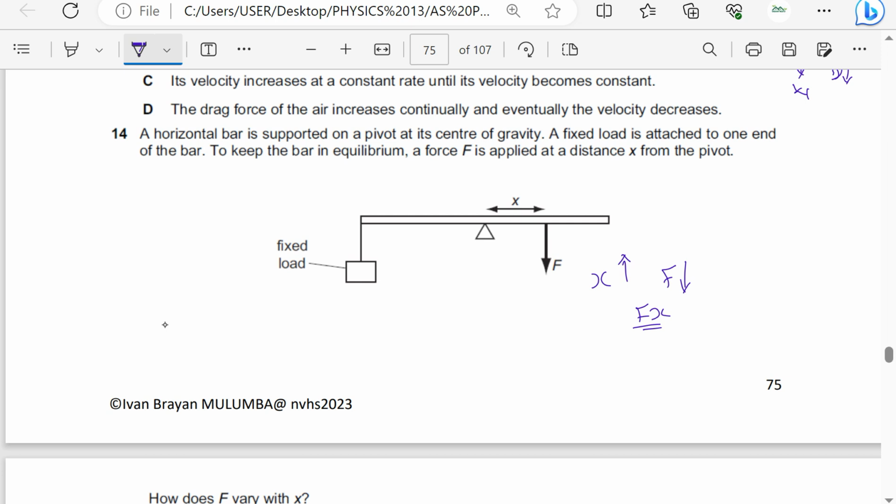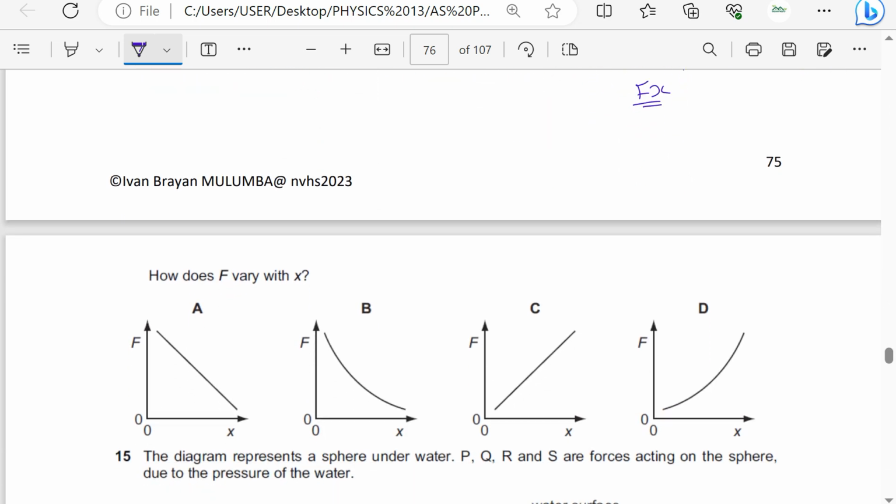To keep the bar in equilibrium, a force F is applied at a distance x from the pivot. So first of all, we shall remove the directly proportional ones, where as x increases, F is also increasing. So we have to choose between A and B, because as x increases, F must decrease. But is it going to be a straight line?